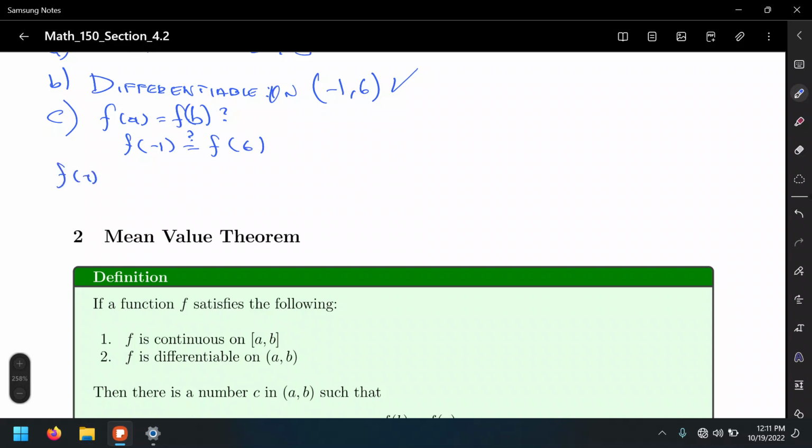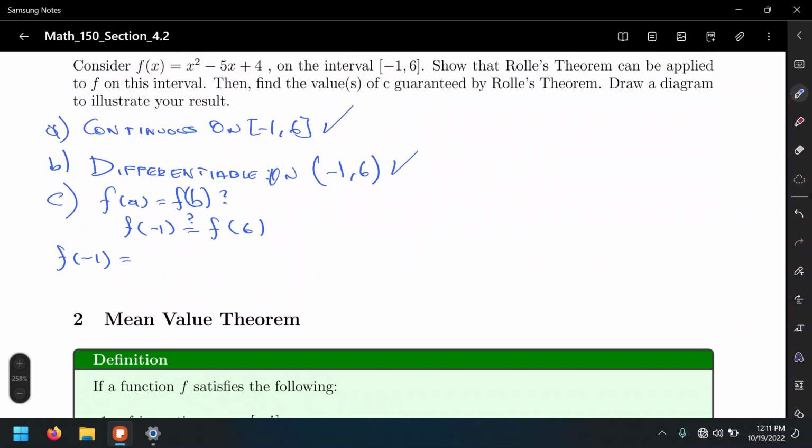f of -1 is -1 squared minus 5 times -1 plus 4, and f of 6 is 6 squared minus 5 times 6 plus 4. So -1 squared is 1.